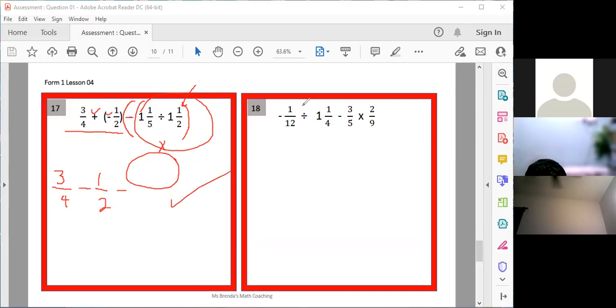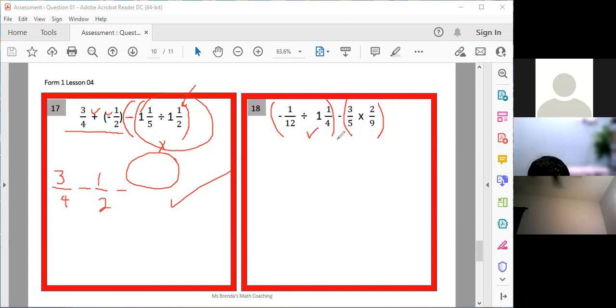18, same thing. There is a division, there is a multiplication, and there is a subtraction. Which one do I do first? I do the division first. Okay. And then remember, multiplication is also going to be first. So I got to do multiplication here. So put in that bracket.